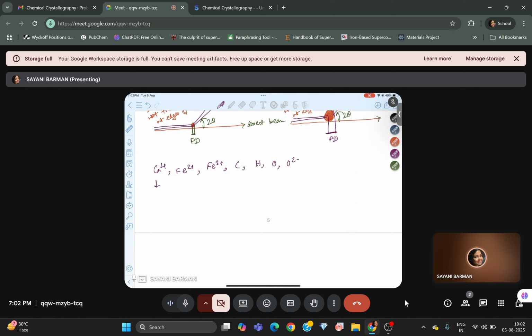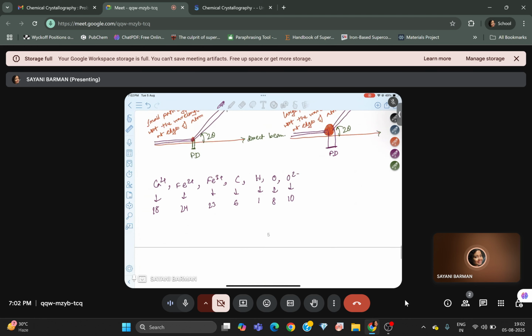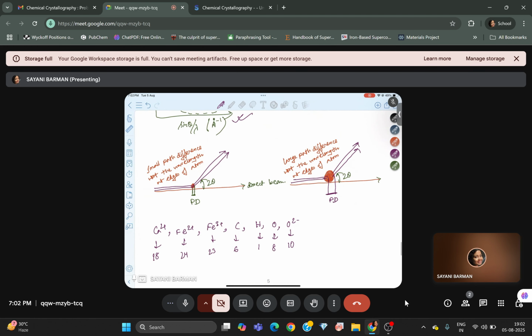Calcium has 20, so 18. Fe 2 plus means 26, so 24. This is 23. Carbon is 6. H is 1. Oxygen is 8. This is 10. So the higher the number of electrons present, the higher the form factor. Okay, so this was the basic one.